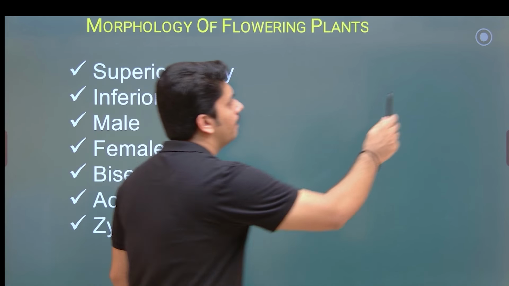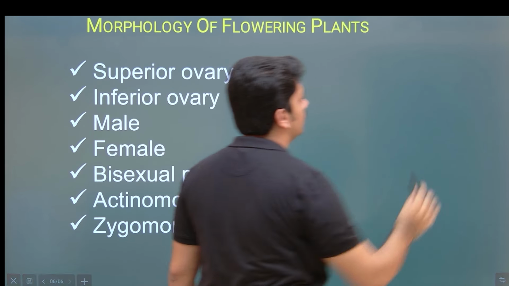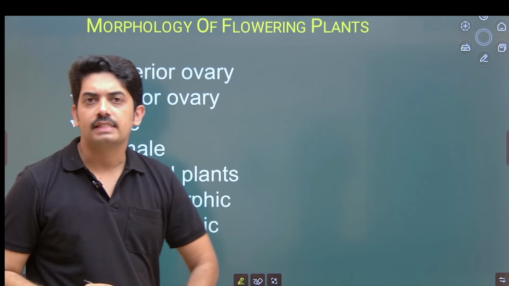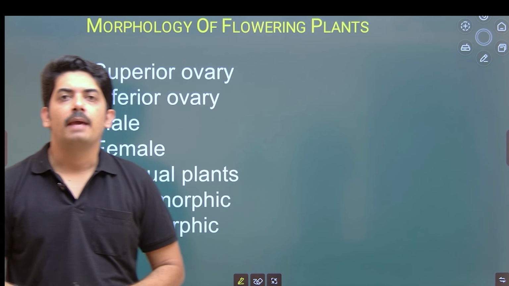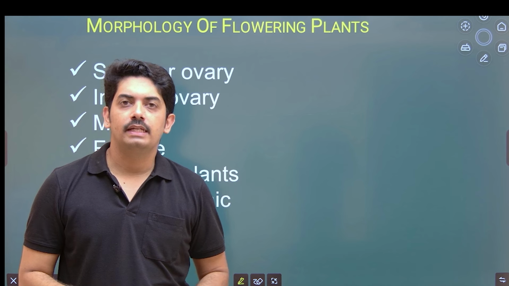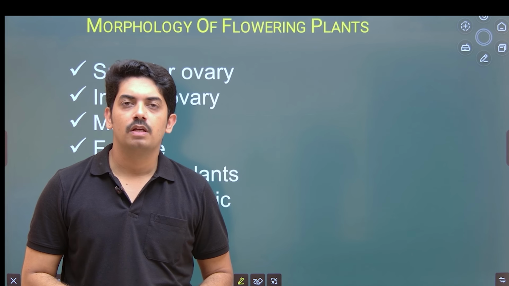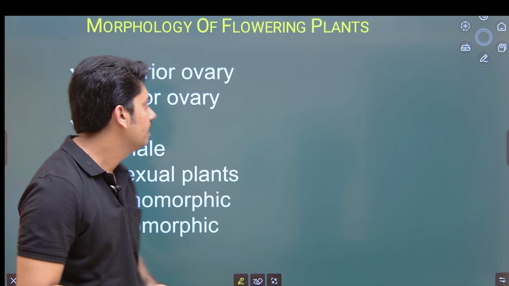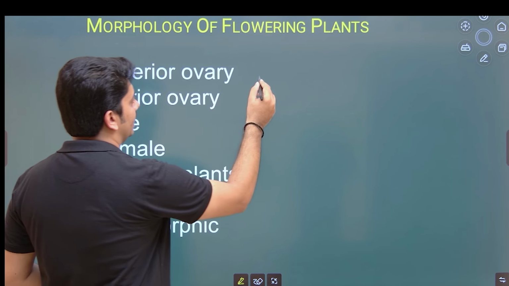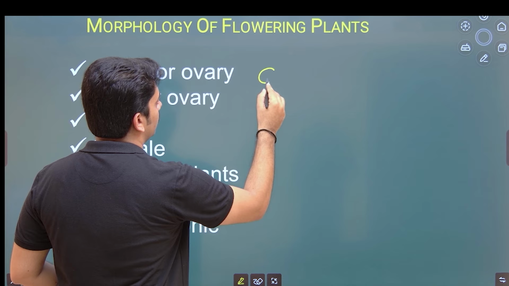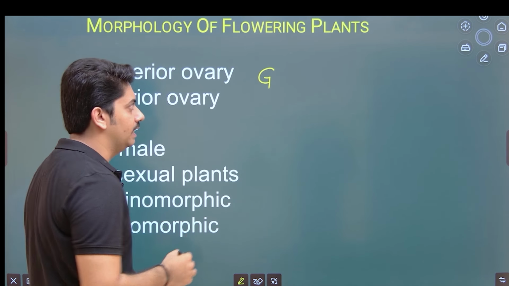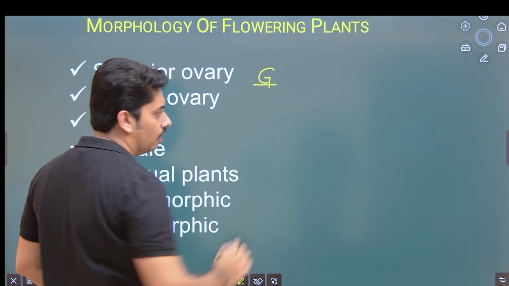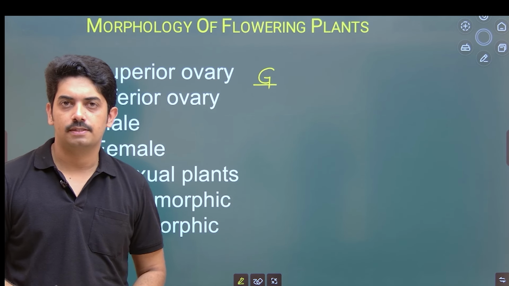Continuing this, observe here, superior ovary. We studied three conditions: hypogynous condition, epigynous condition, and perigynous condition. So to represent the hypogynous and epigynous condition, for superior ovary, that is hypogynous condition, we write the gynoecium as G, and gynoecium is at the top of all other floral whorls.